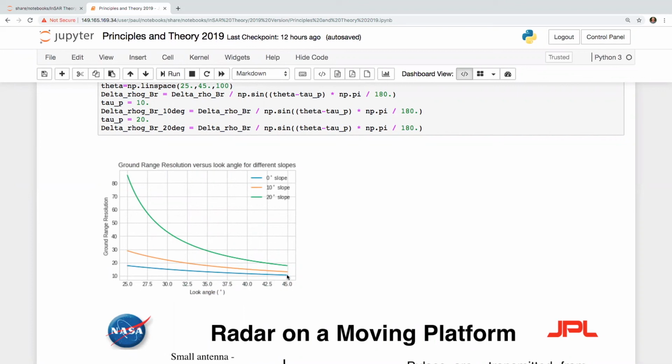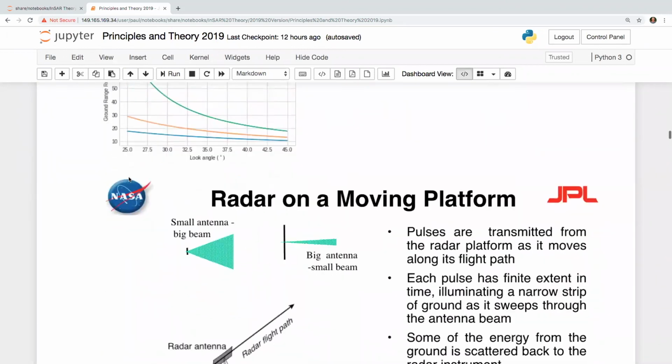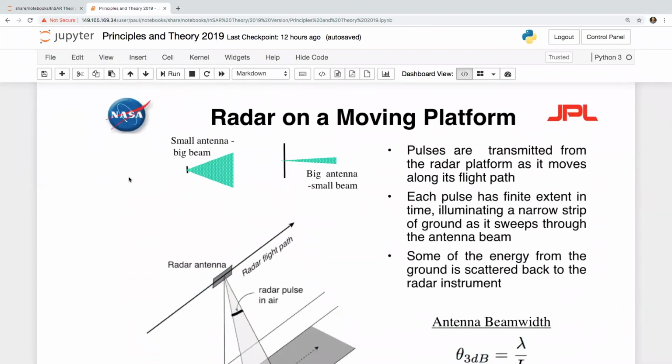So you do lose resolution. So if you're designing your system to have a particular ground resolution, you have to think about that in terms of your range resolution. But you can also see as the slope starts to approach your incidence angle, the resolution can go way, way down. So you have to also worry about the resolution with regard to your slope. And we'll talk more about that later.